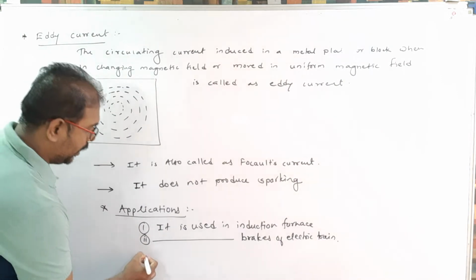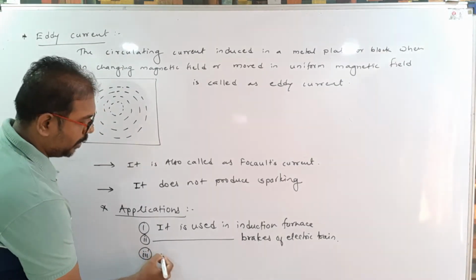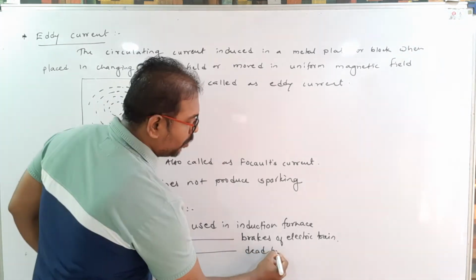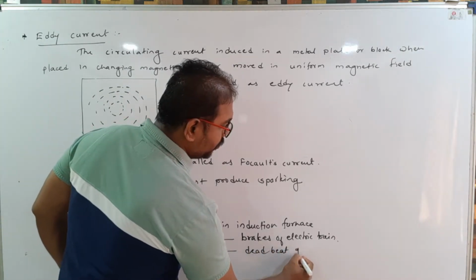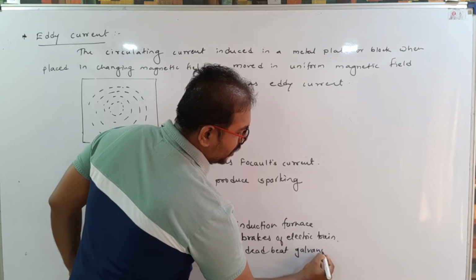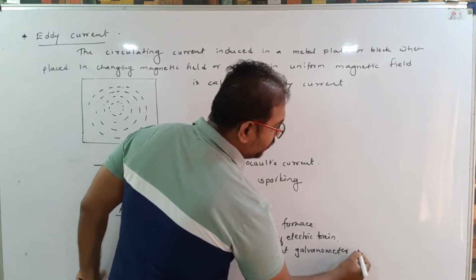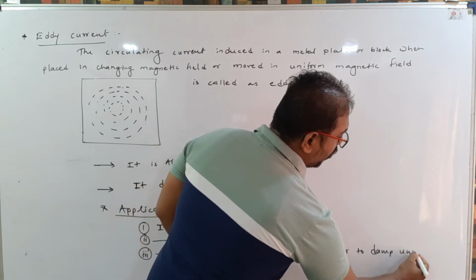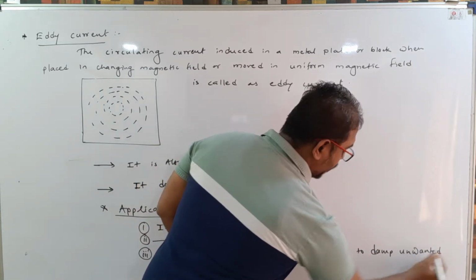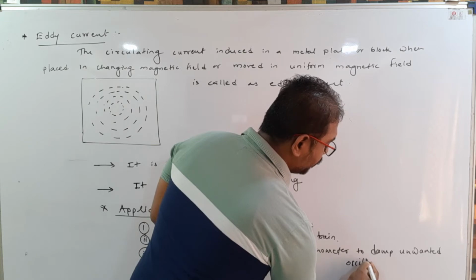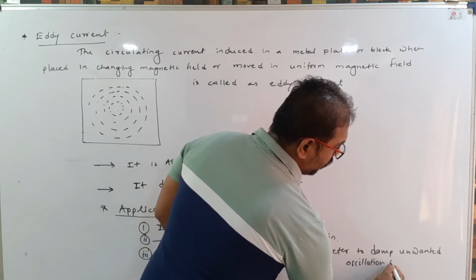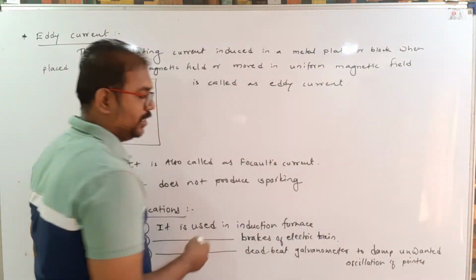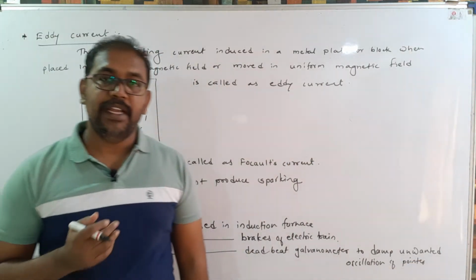Next, eddy current is used in a deadbeat galvanometer to damp unwanted oscillation of the pointer. Every deadbeat galvanometer has an eddy current adjustment.